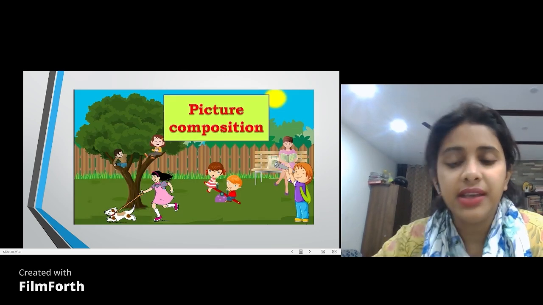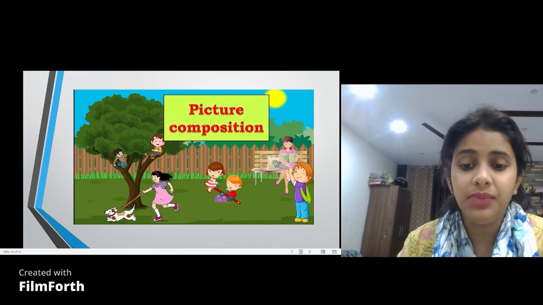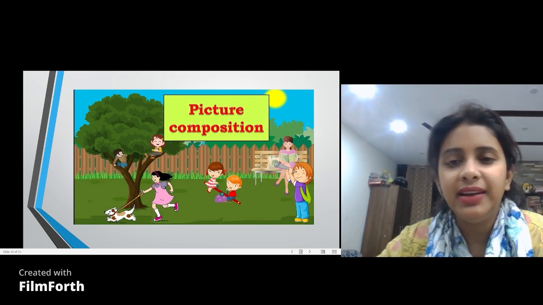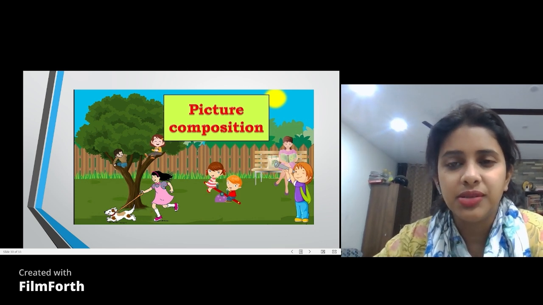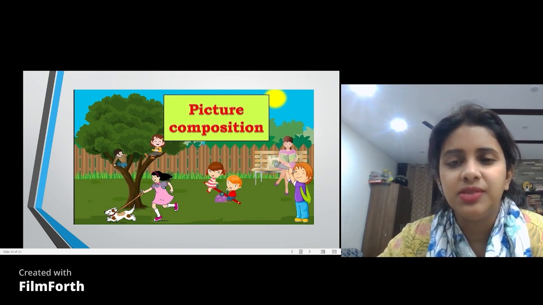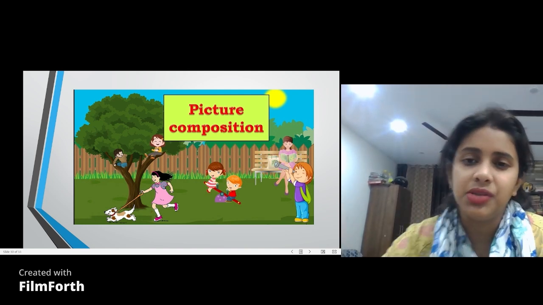Now, children, the next type of composition that we have is picture composition. Picture compositions are extremely interesting. They are enjoyable, rather. What happens in a picture composition is that you are provided with a picture in front of you. You have to very keenly, very minutely observe the picture, see each and everything that is present in the picture.